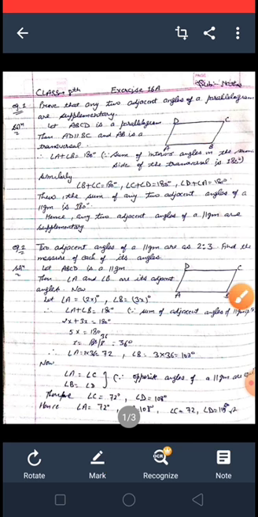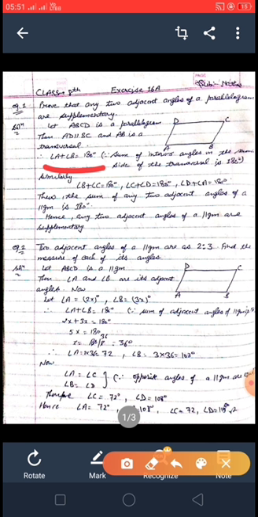Then angle A plus angle B is equal to 180 degrees. You have to write the reason: sum of interior angles on the same side of a transversal is 180 degrees. Means the sum of interior angles formed on the same side of a transversal is 180 degrees.